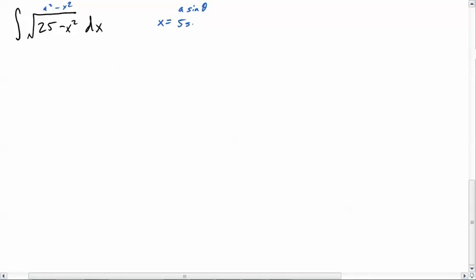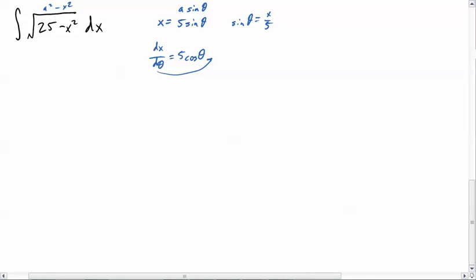And then we got sine of theta. Now, of course, that means that sine of theta equals x over 5. And that means that dx d theta is 5 cosine of theta. Or, in other words, that dx equals 5 cosine of theta d theta.